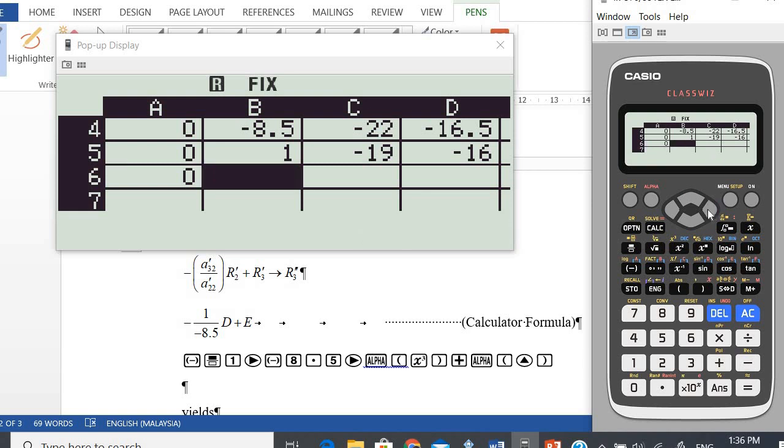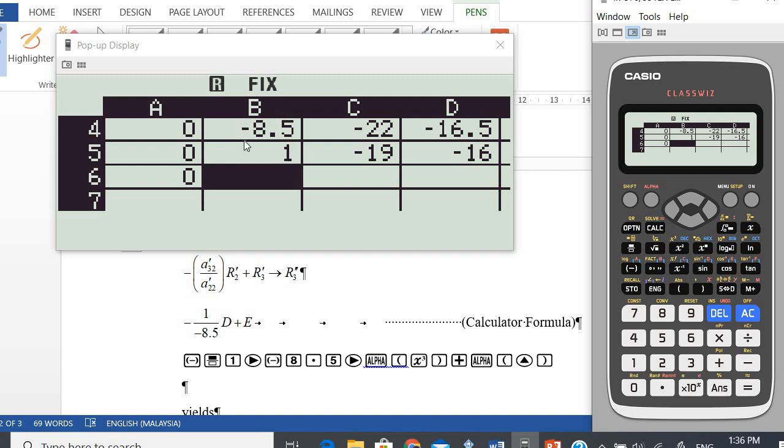Okay, and then row 3 from row 5 here will be put into row 6. So 0, copy to 0. This one, we are going to reduce it to become 0 using a suitable row operation, which is negative 1 divided by negative 8.5.